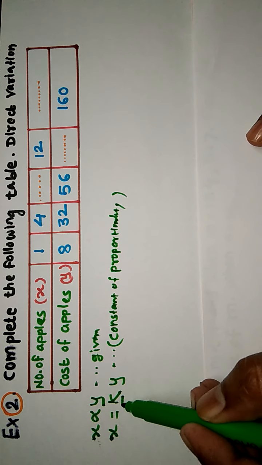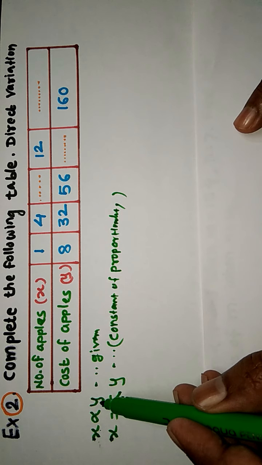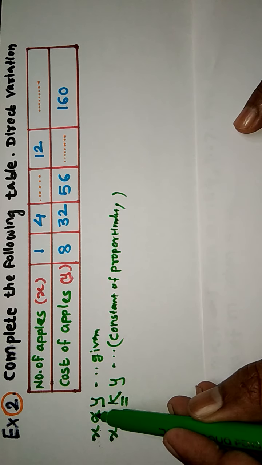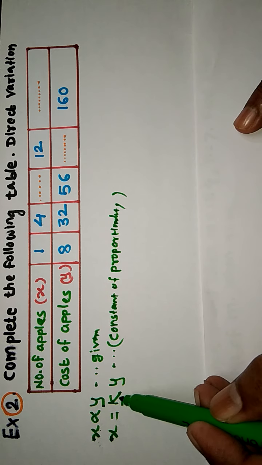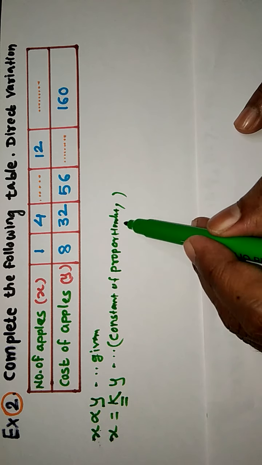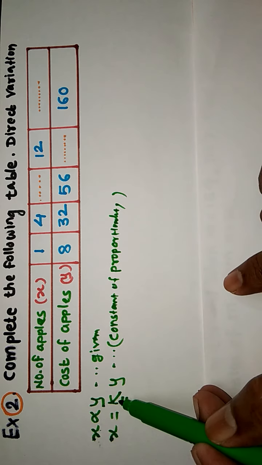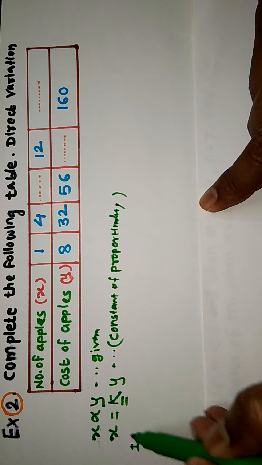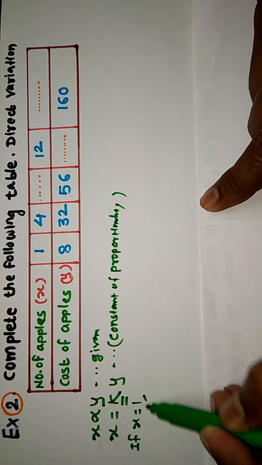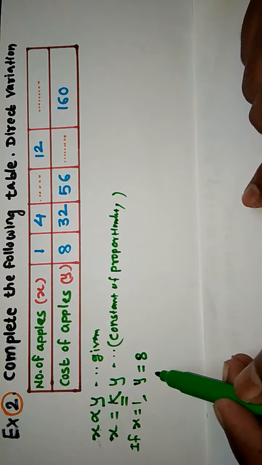Now first find the value of k. Remember, first take the variation. To remove this sign, we take equality, and we take k as the constant of proportionality. Now we take both values of x and y to find k. If x is equal to 1, then y is equal to 8. Both values are given.